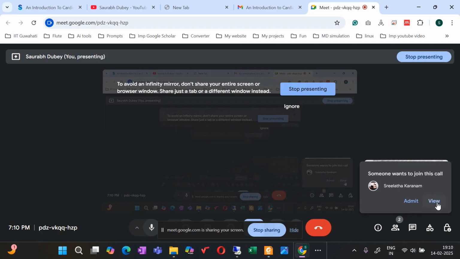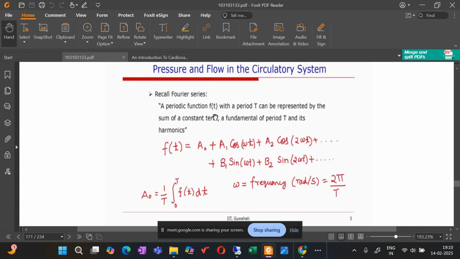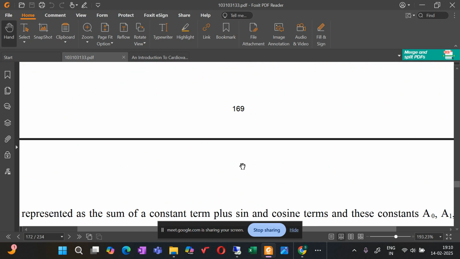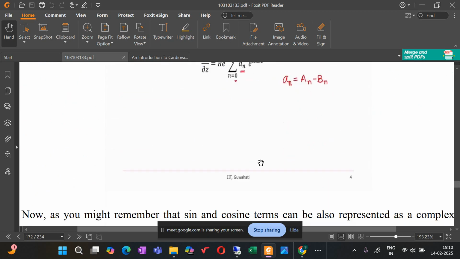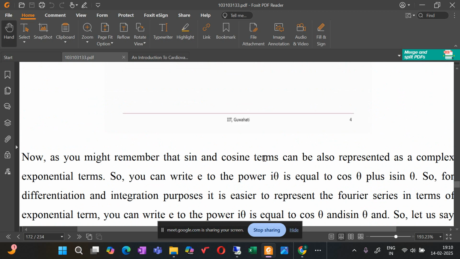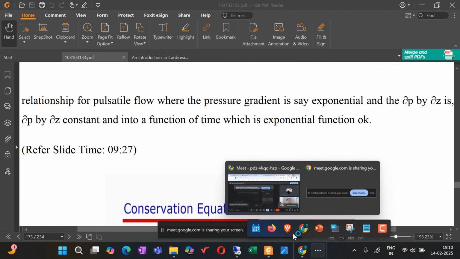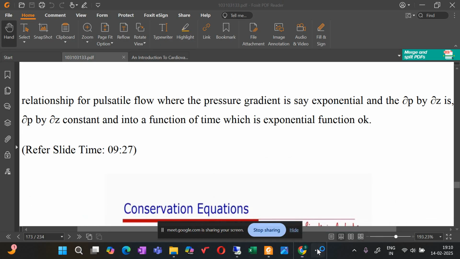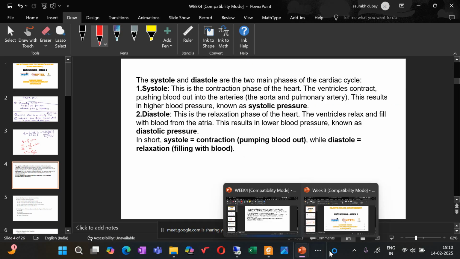So let me just join. Yes, Sri. Okay, right. So what I am saying is this. This particular week started with the pulsatile flow, whatever the remaining part was there, and then some solutions that I was talking about, let me just open that. Can you confirm if somebody is there?